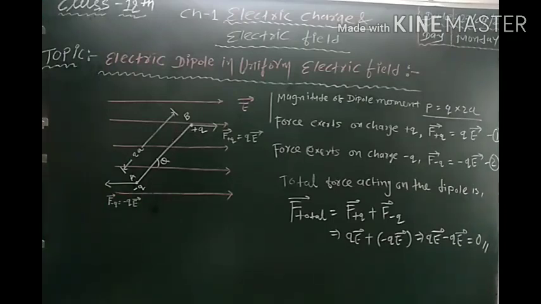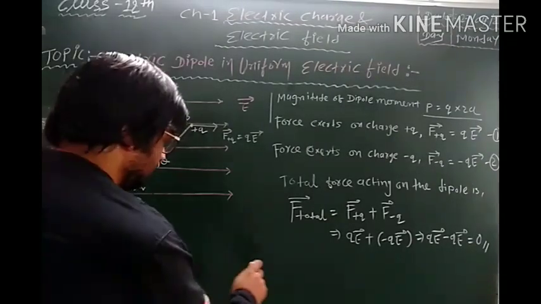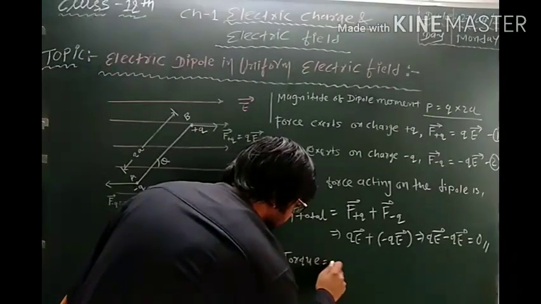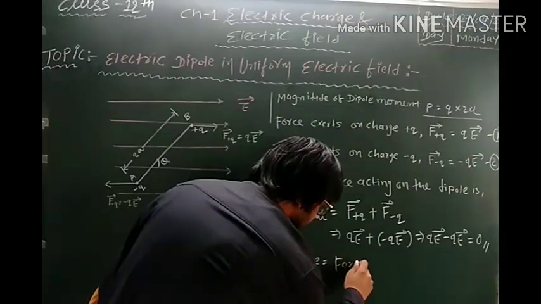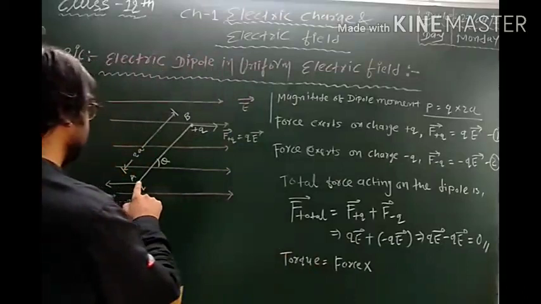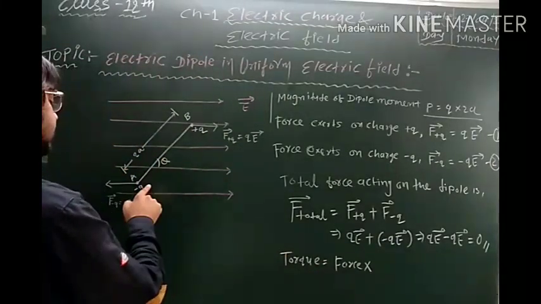Now we talk about torque, which we already studied earlier in 11th standard. From the definition of torque, we can write the formula: torque is equal to force multiplied by the perpendicular distance between the plus q and minus q charges.